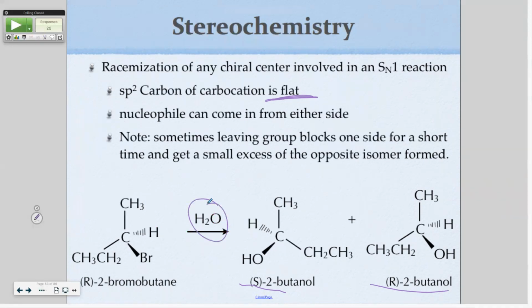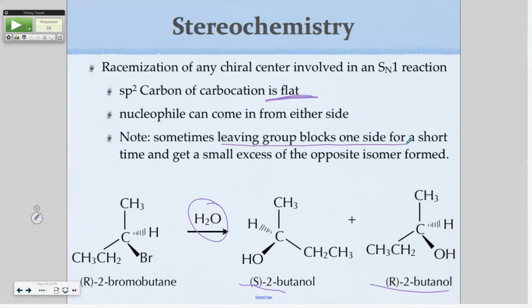Now sometimes the leaving group can block one side. So here's our compound, and we have a chiral center. We have a leaving group over here. Well, those bromides and iodides can be pretty big. So when it leaves, this flattens, but right now the iodide is in the way. It can block it, so that makes the nucleophile want to come in from the other side more often.